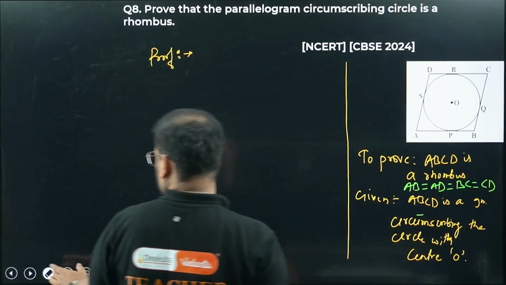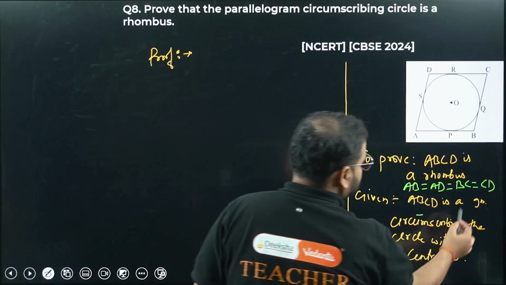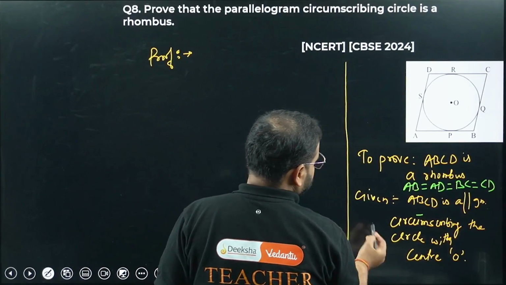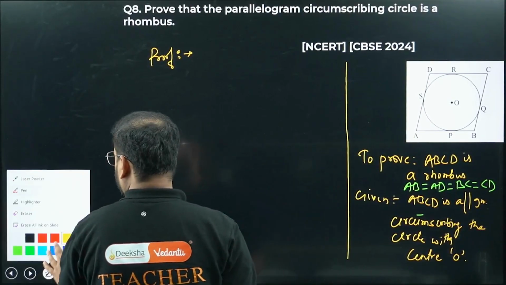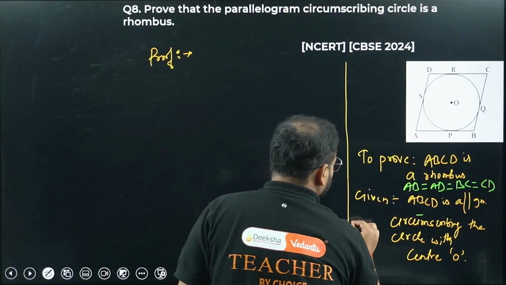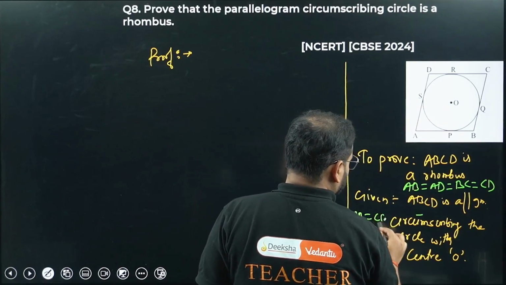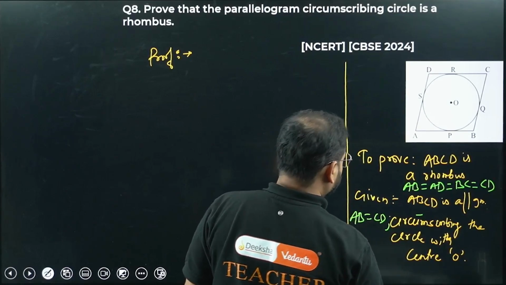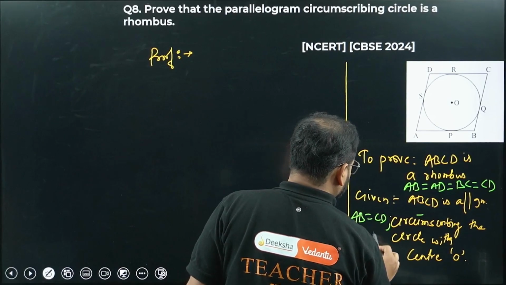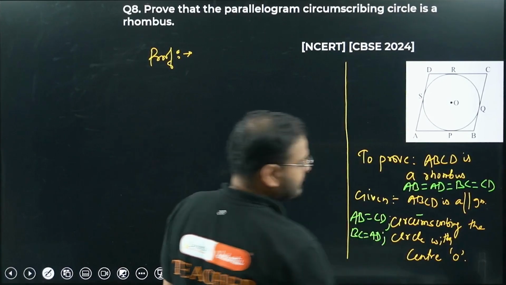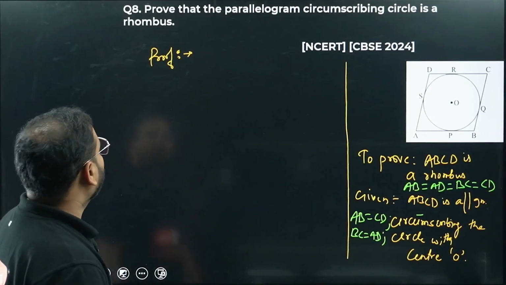Okay, parallelogram, and I'll write it over here. Have a look. It means that AB equals CD. What else? It means also BC equals AD. Now it's better? Okay, great.